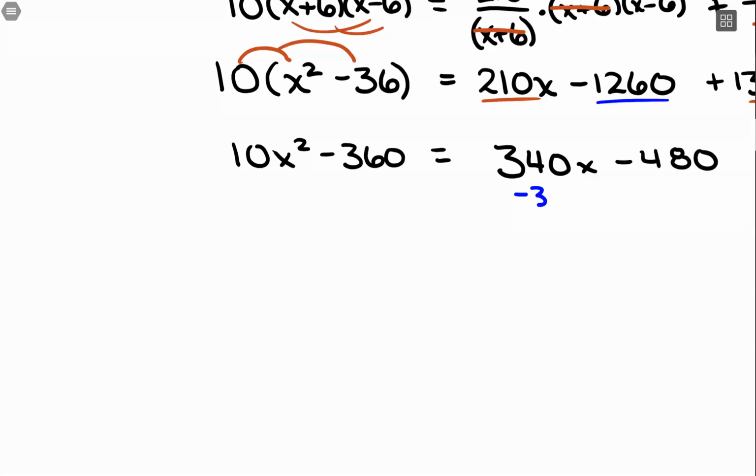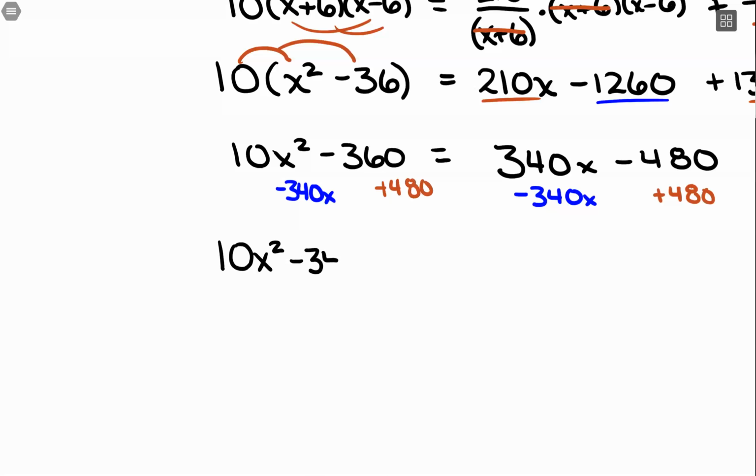So I'm going to subtract 340x from both sides, and I'm going to add 480 to both sides. So we'll have 10x squared minus 340x, and then negative 360 plus 480, which will be a positive 120, equals 0.